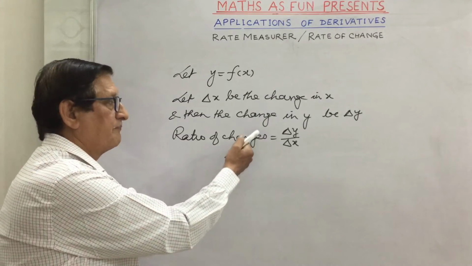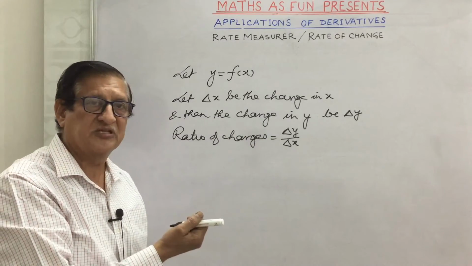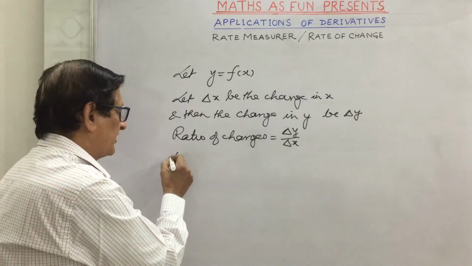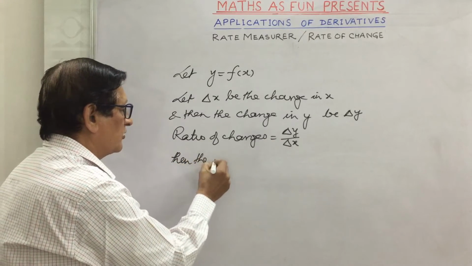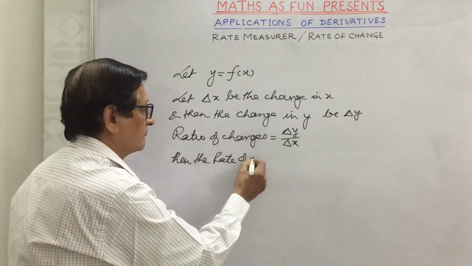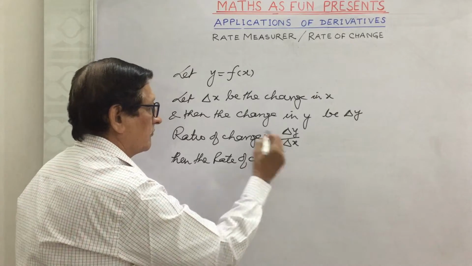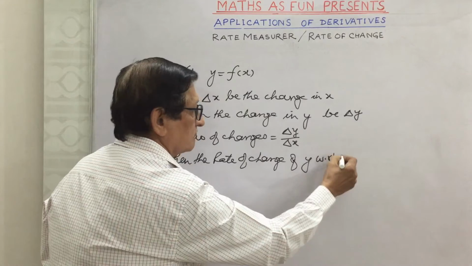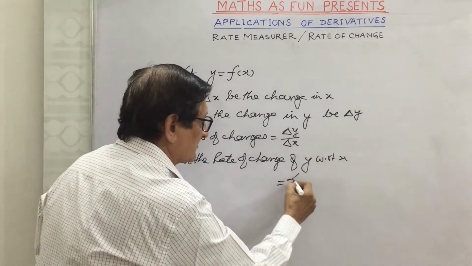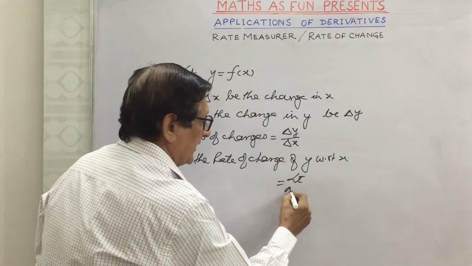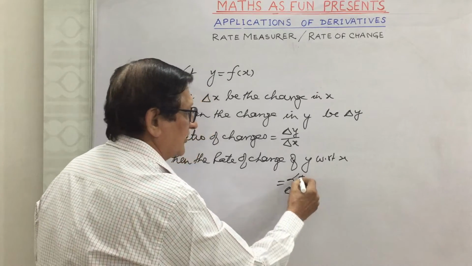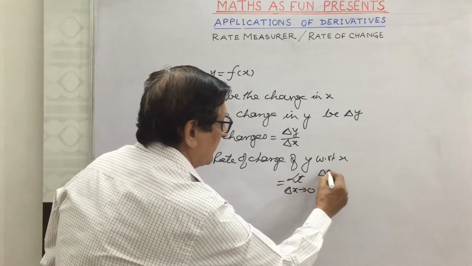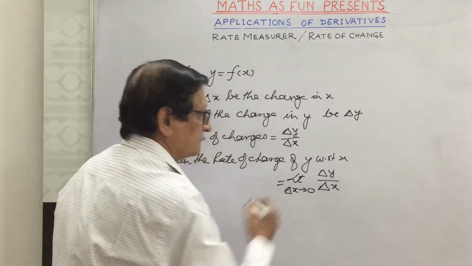If we say the change in x is very small, then the rate of change of y with respect to x can be given as the limit delta x tends to 0 of delta y upon delta x.